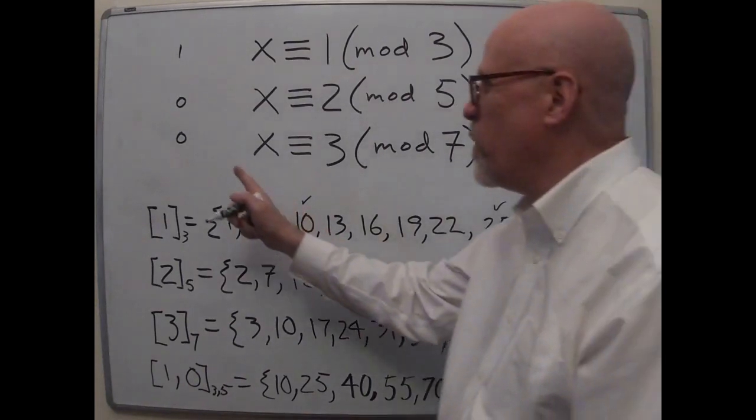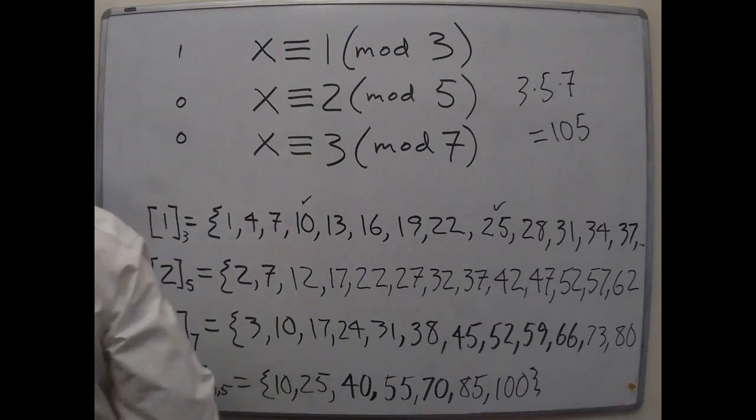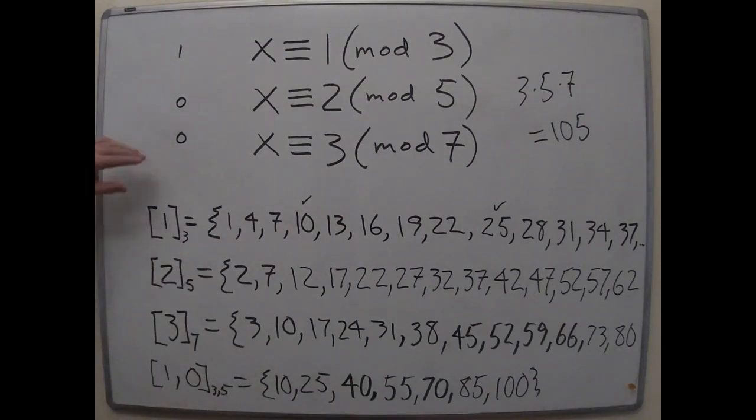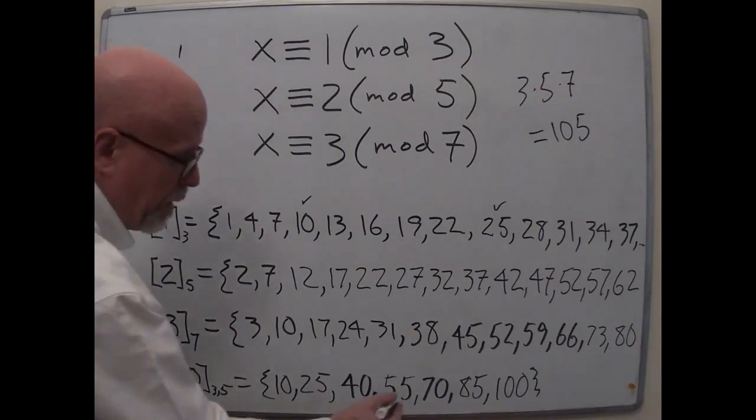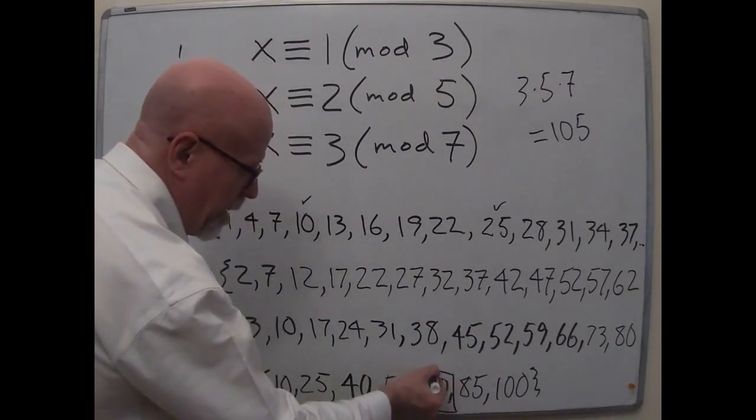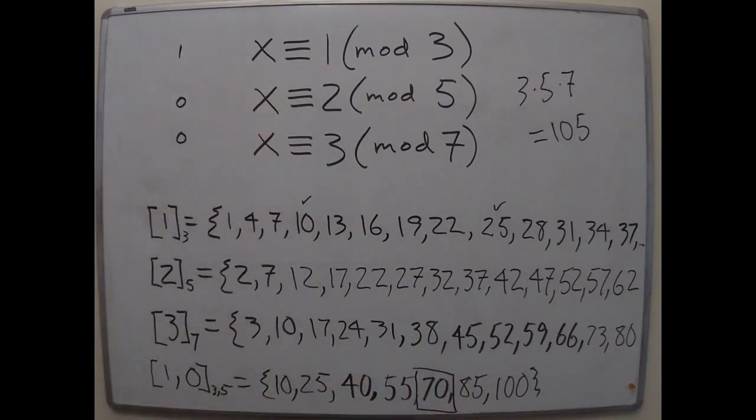Because that was what I was hoping to find. Something that's 1 mod 3, something 0 mod 5, and 0 mod 7. Well, it's actually pretty obvious, isn't it? That's the only one that's very clearly a multiple of 7. It'll be the only one. There's a unique solution to this kind of thing.